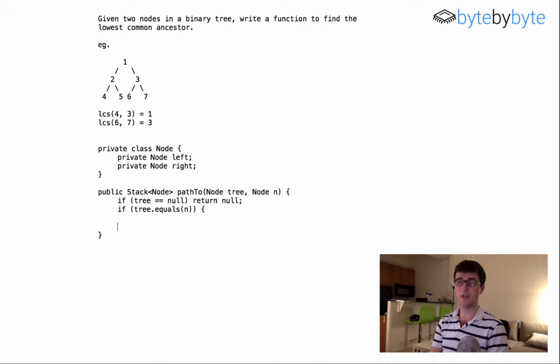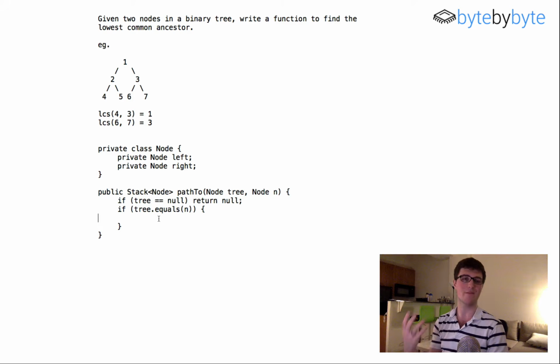And I should put in a quick aside here. We're not going to explicitly implement an equals method for node, because I'm going to assume that we're actually using the same objects. So we're going to be comparing object references, and that's going to be good enough in this case, because you're not going to have a duplicate of the same node.